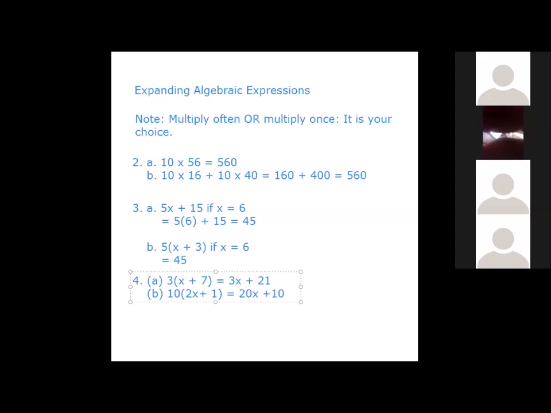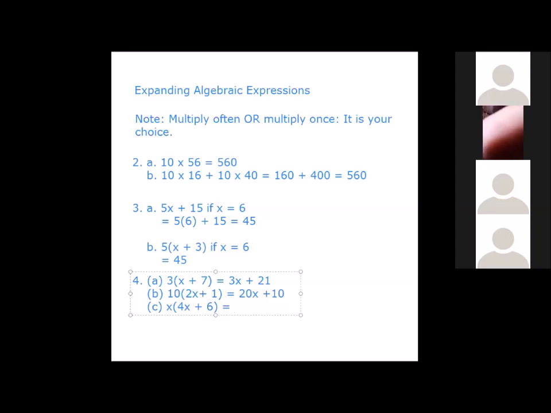Therefore, 10 parenthesis 2x plus 1 is equal to 20x plus 10. Isn't it simple? That's all there is to it. Letter C. We have x parenthesis 4x plus 6.